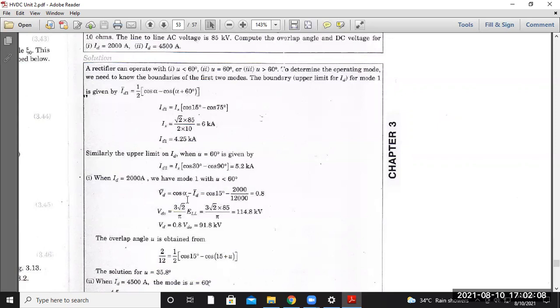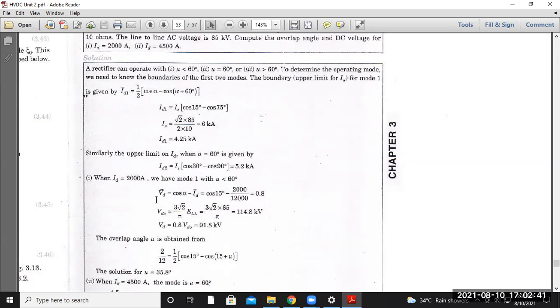So just put the value: vector VD equal to cos alpha minus vector ID, with alpha equal to 15 degree, and vector ID is given by ID divided by 2Is. The value of ID is 2000 ampere, and Is is 6 kilo ampere, so multiplying by 2 you get 12 kilo ampere. Putting the value of 12 kilo ampere and cos 15 degree and solving this equation, you will get the value of 0.8.